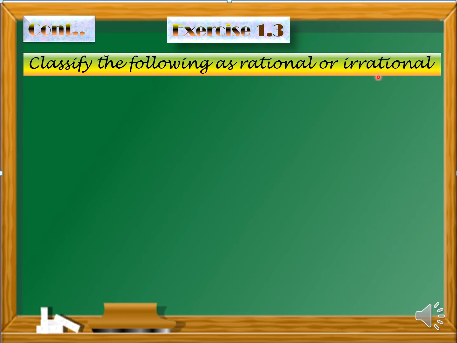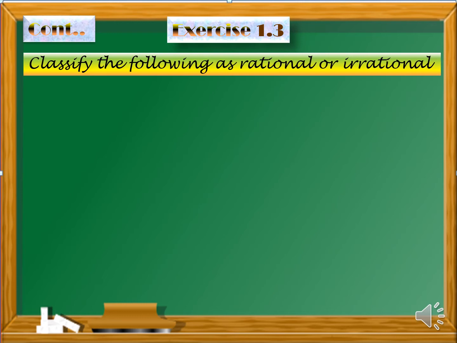Irrational numbers are numbers in decimal form. A decimal is a number containing a point, for example 2.3 or 4.1. So we have to classify whether each is rational or irrational.